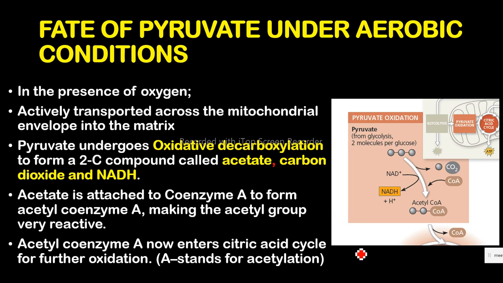What they do is they come and attach on this coenzyme A, and in the process, after they have attached, they inhibit this coenzyme A from attaching to the acetyl group.